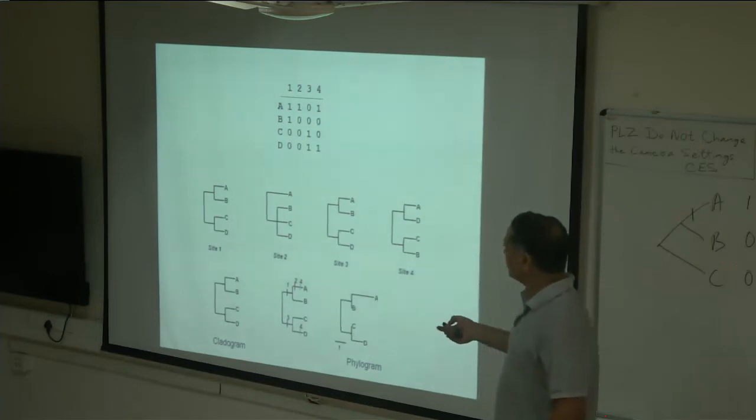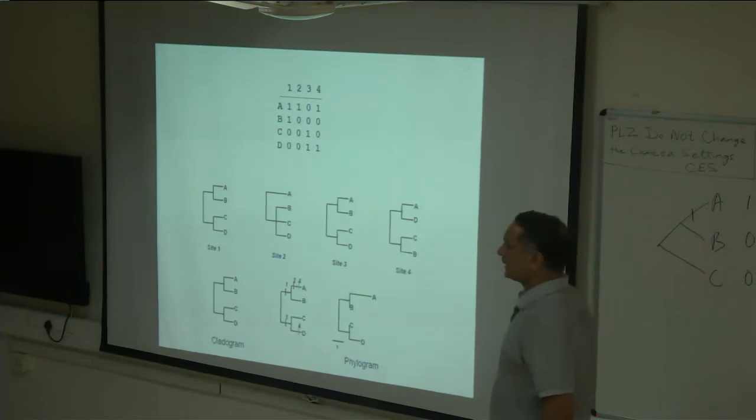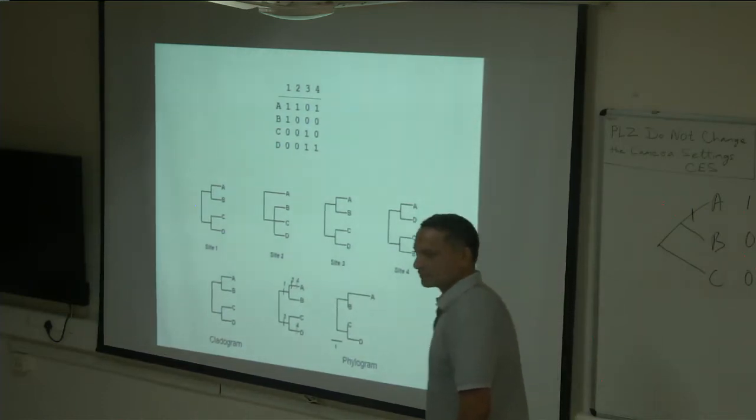All right. So here is a character matrix. Which is the most parsimonious tree?